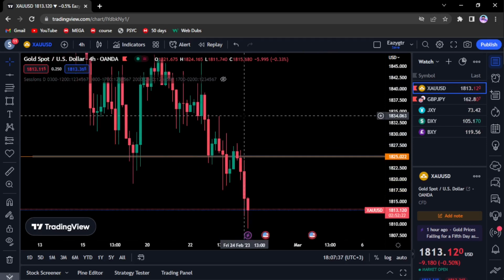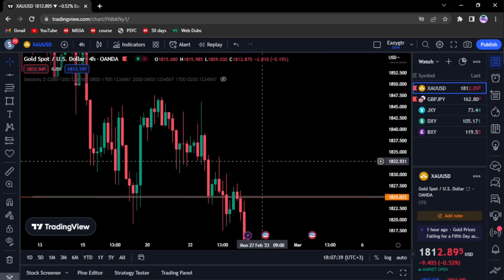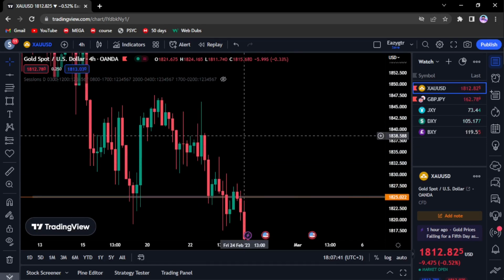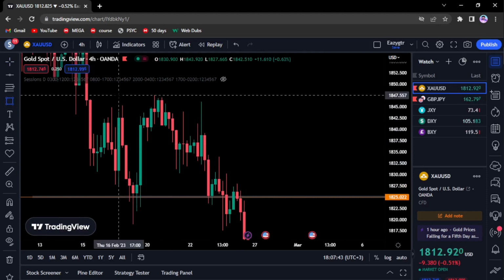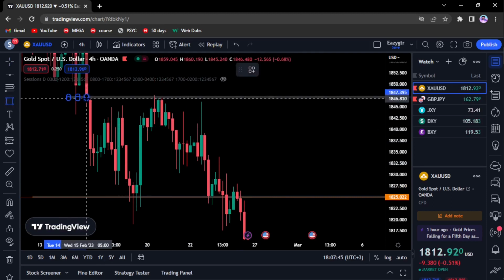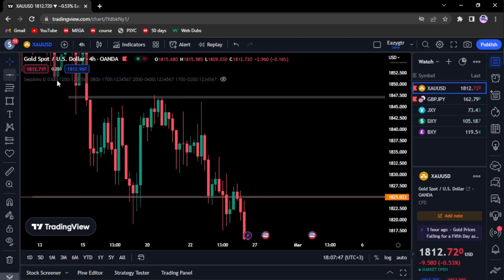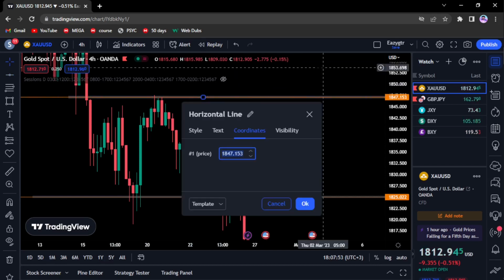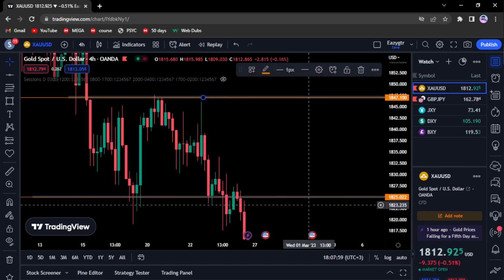Drawing zones or key levels, you want to have a box, since it's a collection of prices, and you want to have a line cutting through to help you get more accurate entries. And this line, if you go to the price, you can have it as an even number, maybe 100, 500.